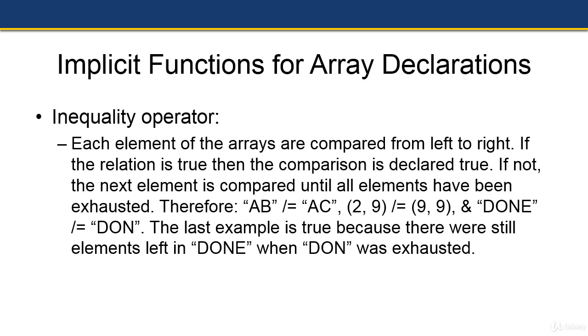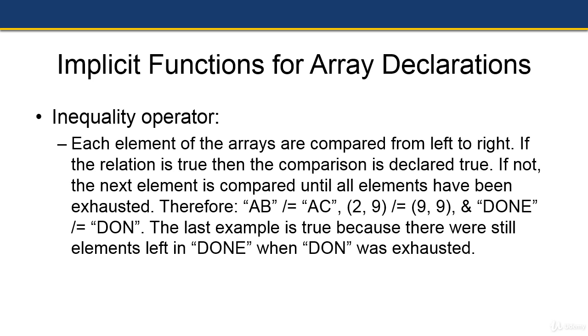For the inequality operator, each element of the arrays is compared one at a time from left to right. If the relation is true, then the comparison is declared true. If not, then the next element is compared until all the elements have been exhausted. Therefore, here are a few examples, all of them returning true.